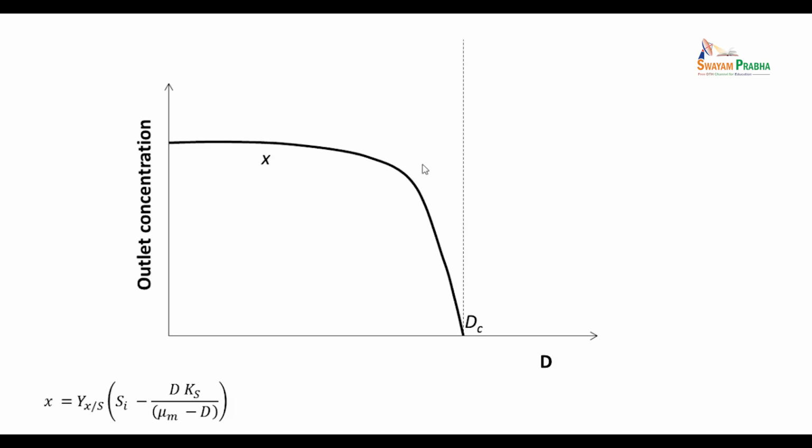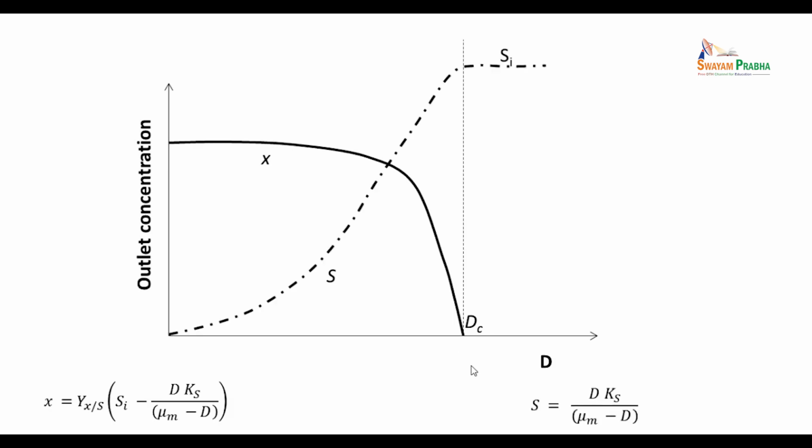If we convert this into a graph, it is going to look something like this. The drop is very steep here, closer to the Dc. At the critical dilution rate, there are actually no cells present in the outlet. The cell concentration is 0. And from the expression that we derived, S equals D Ks by mu m minus D, the substrate concentration goes something like this.